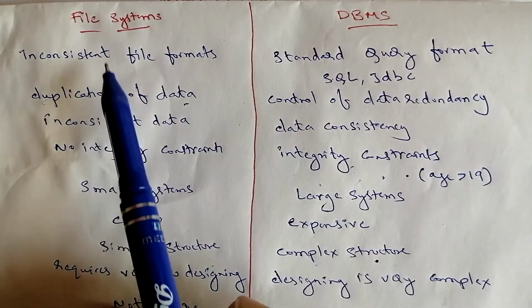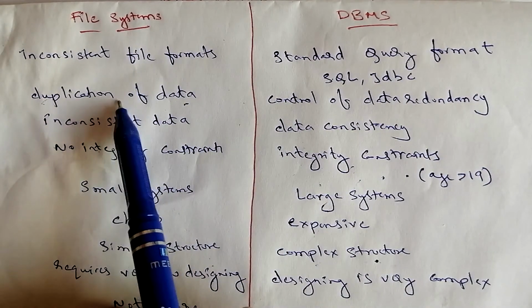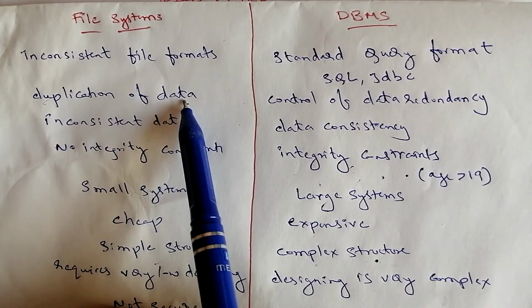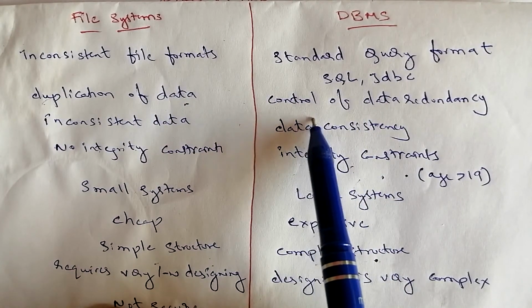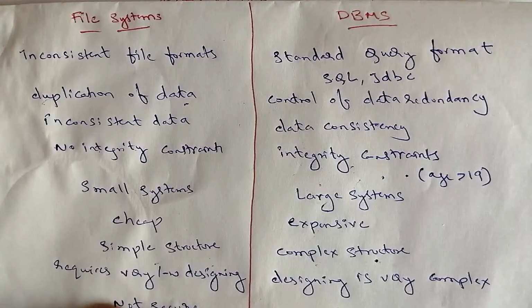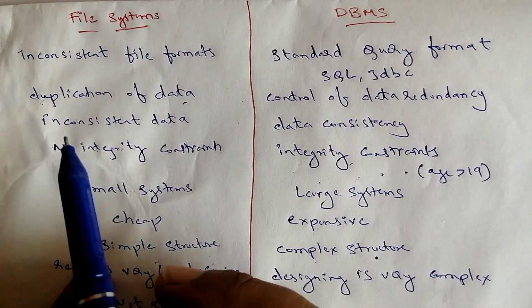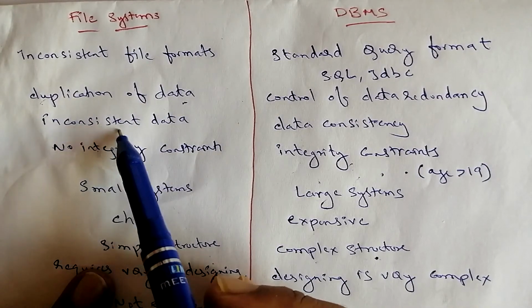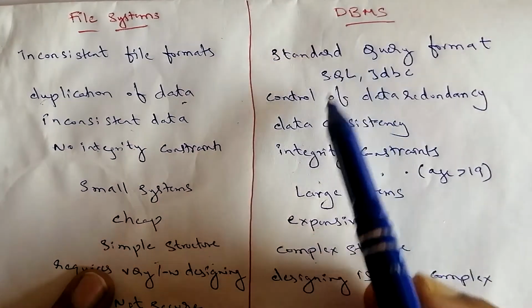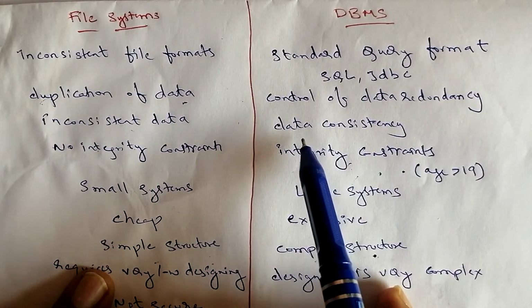The problem with the file system is the duplication of data, whereas in the DBMS we don't have the data duplication problem. Another difference is that in the file system there can be a situation of inconsistent data, whereas in the DBMS we are going to have consistent data.